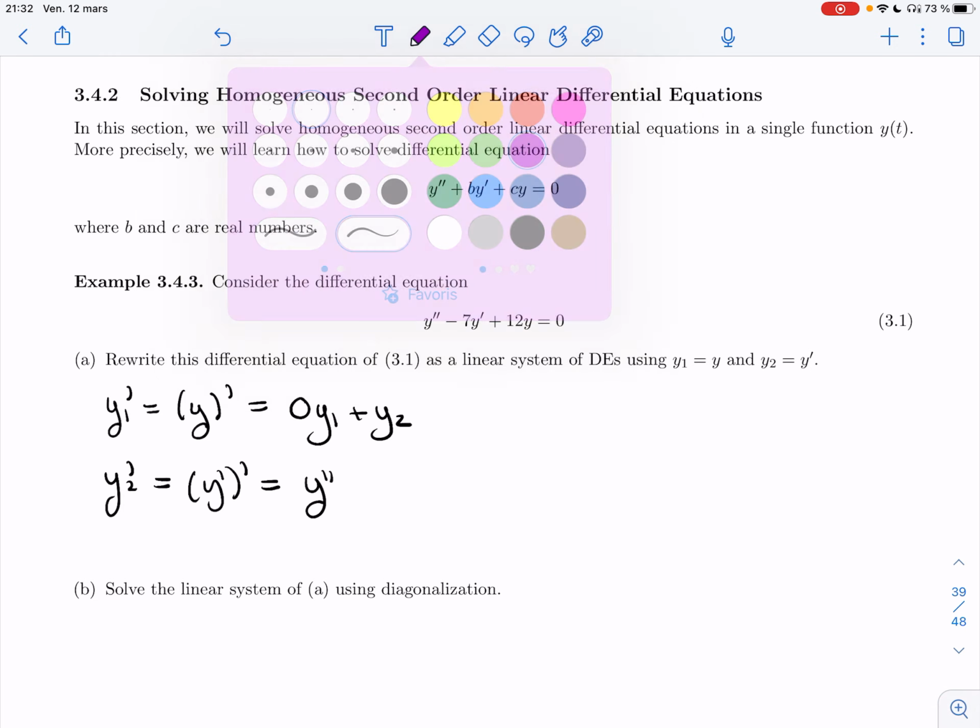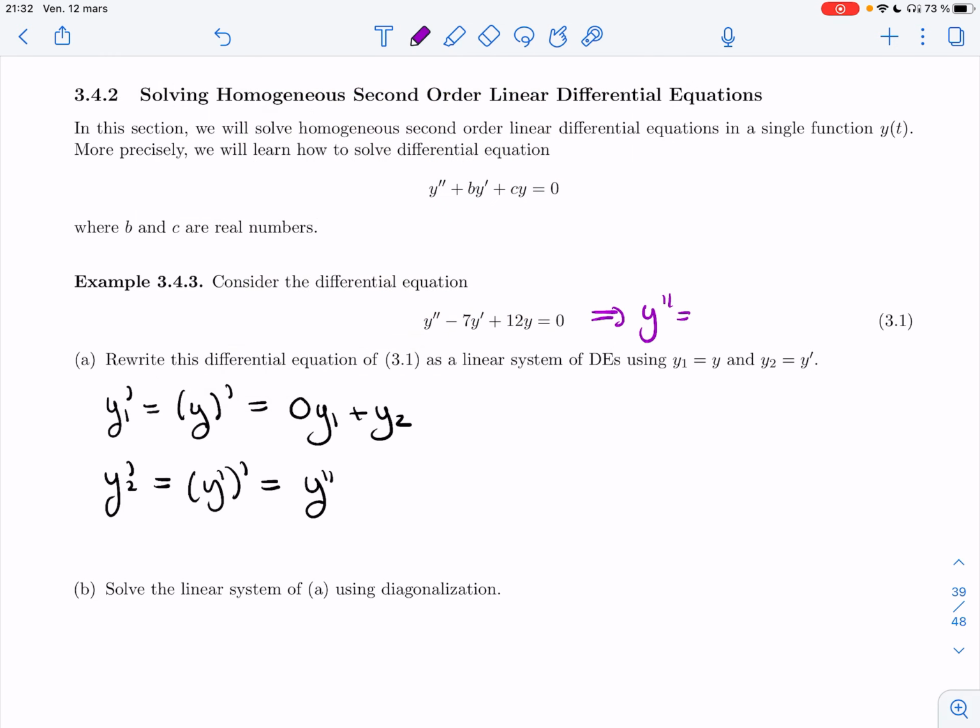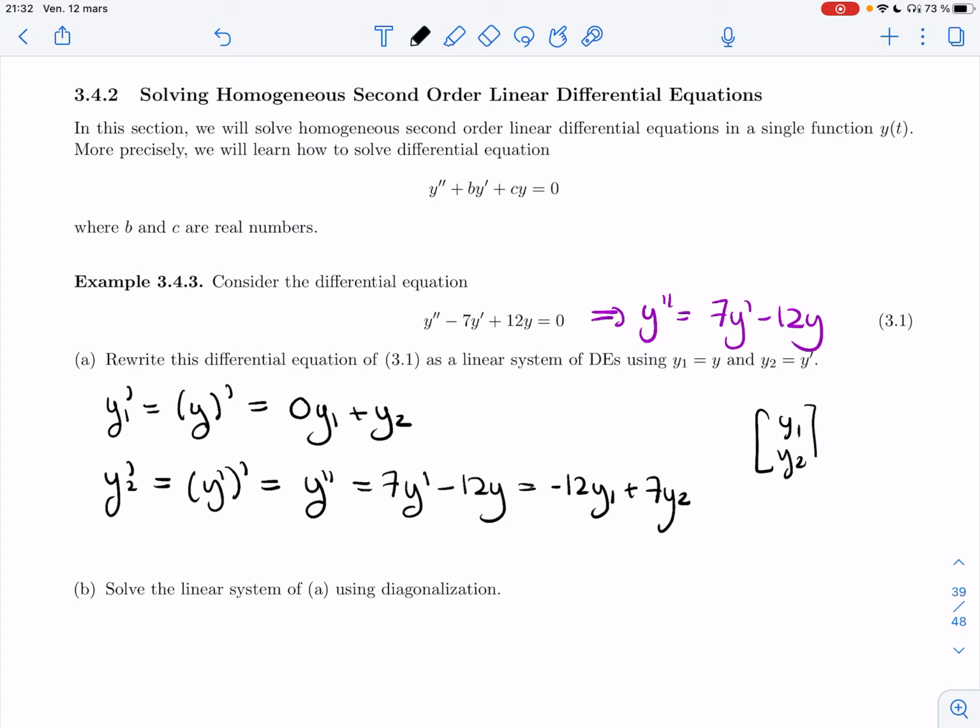If I isolate y double prime, I get 7y prime minus 12y, so in terms of y1 and y2, I need minus 12y1 and 7y2. And so what I get is y1, y2 prime equals the matrix 0, 1, minus 12, 7 times y1, y2.